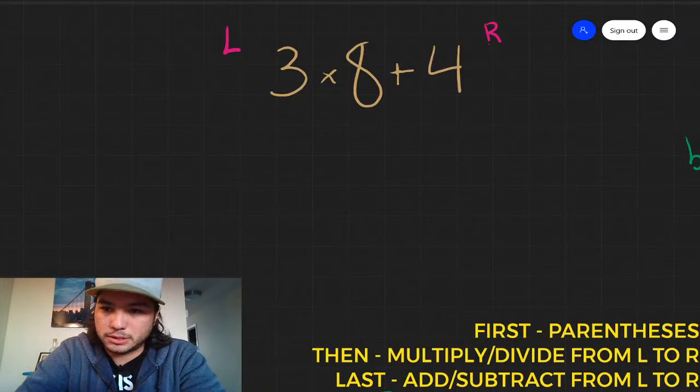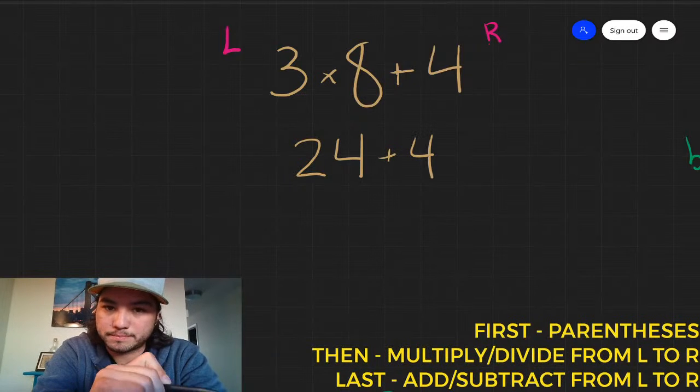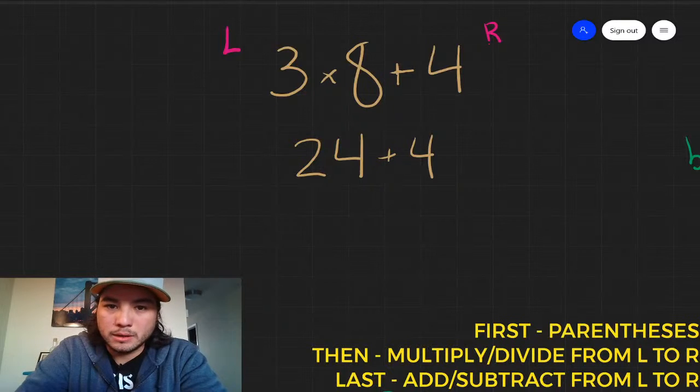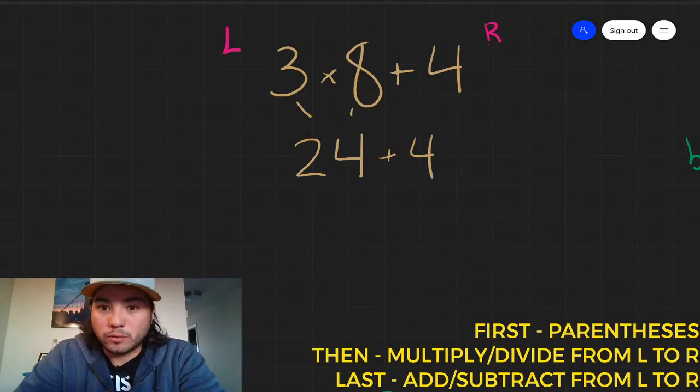Anybody? It's not 95. Okay, 3 times 8 is 24. And then we still have our plus 4. Okay, so 3 times 8 is 24.